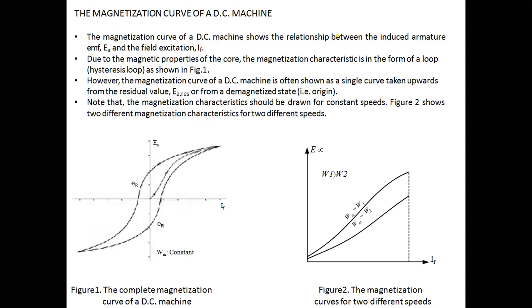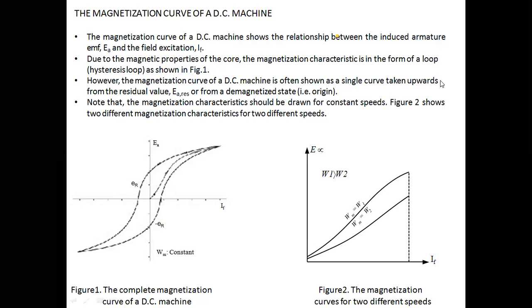So here I have drawn the graph for the magnetization curve of the DC machine. The magnetization curve for a DC machine shows the relation between armature current and voltage.